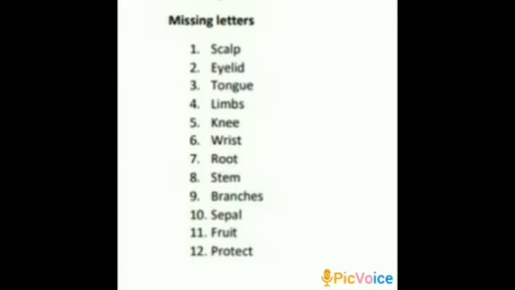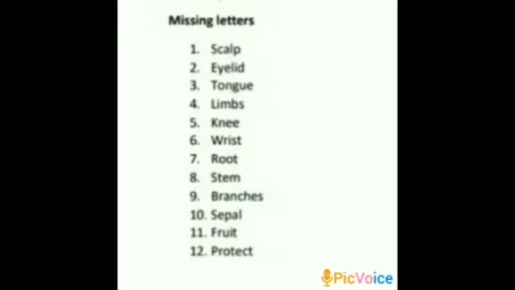Missing letters. First one scalp, S-C-A-L-P, scalp. Second one eyelid, E-Y-E-L-I-D, eyelid. Third one tongue, T-O-N-G-U-E, tongue. Next limbs, L-I-M-B-S, limbs. Knee, K-N-E-E, knee.